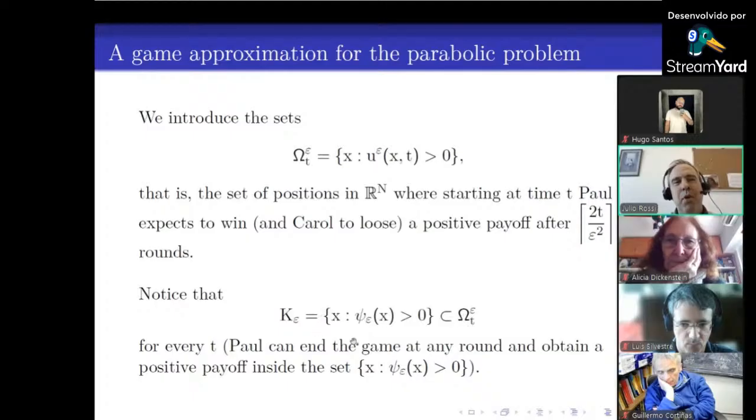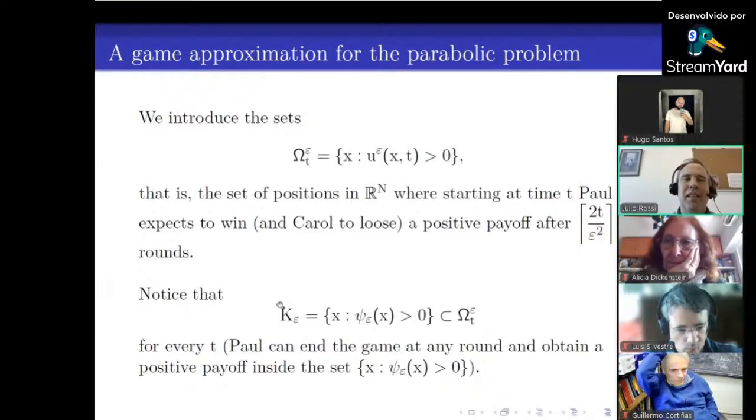So when you have a point in this set, you are sure that the optimal strategy for Paul gives at least psi epsilon. So what you get is something that is strictly positive for all possible times. So this line says that you will never miss the obstacle K epsilon considering the sets omega epsilon t.